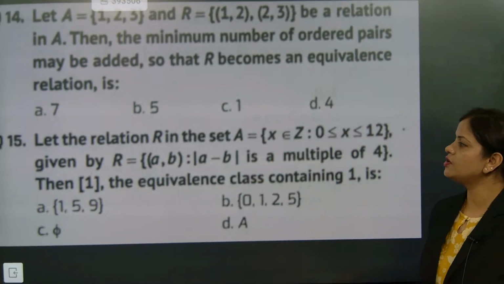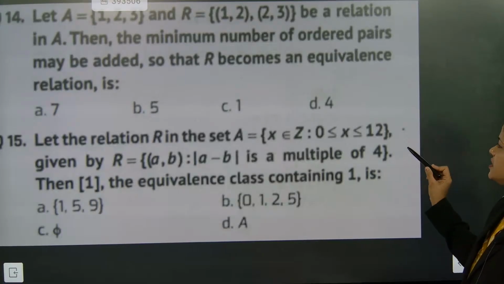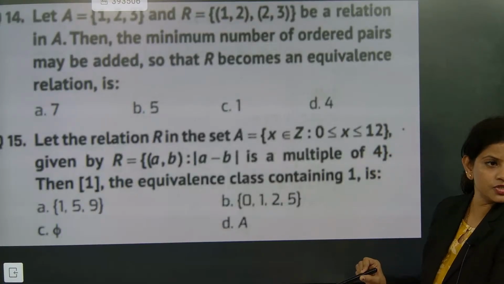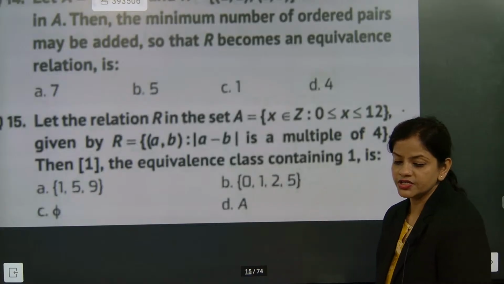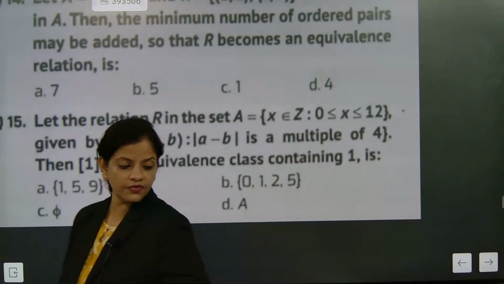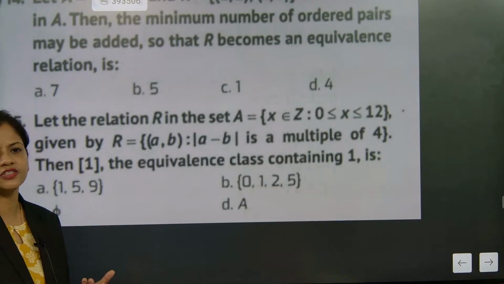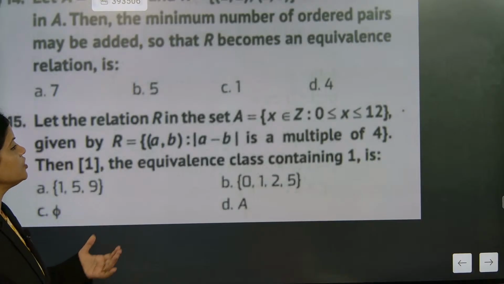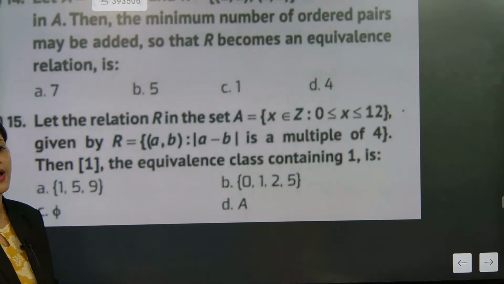See, look at the modulus part. They are telling that the relation R is on a set between 1 to 12. Understand or not? It should be divisible by 4. So it is already an equivalence relation. If any system is coming as an equivalence relation, then it is reflexive, symmetric and transitive. So what values of A and B are we going to put so that it will be divisible by 4?